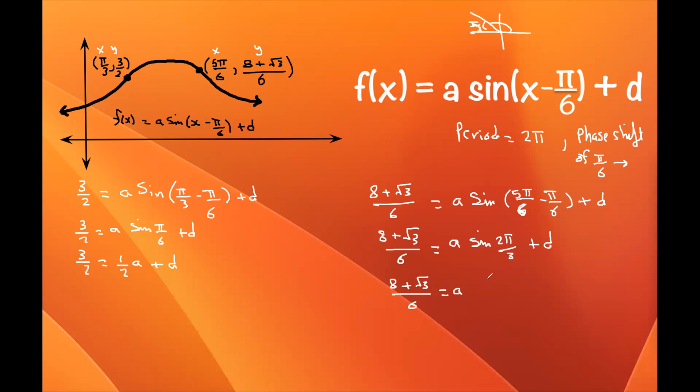Sine 60 is root 3 over 2, plus D. Now I'm just going to solve this for D. So this is going to be 8 plus root 3 over 6 equals, oops, sorry.